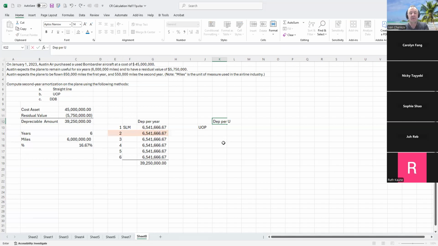Depreciation per unit is the amortizable amount divided by the useful life in miles. So it's gonna be that much, right?